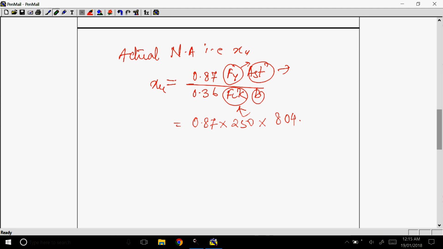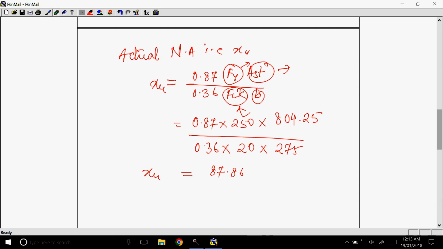So Xu is equal to 87.86 mm, which is less than Xu limiting, hence the condition is satisfied.